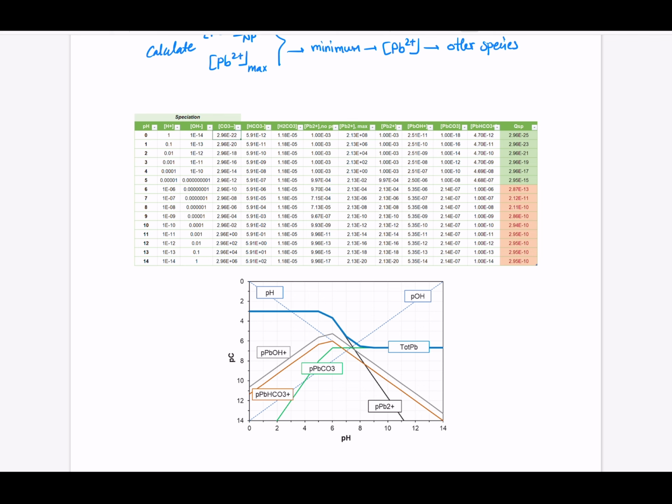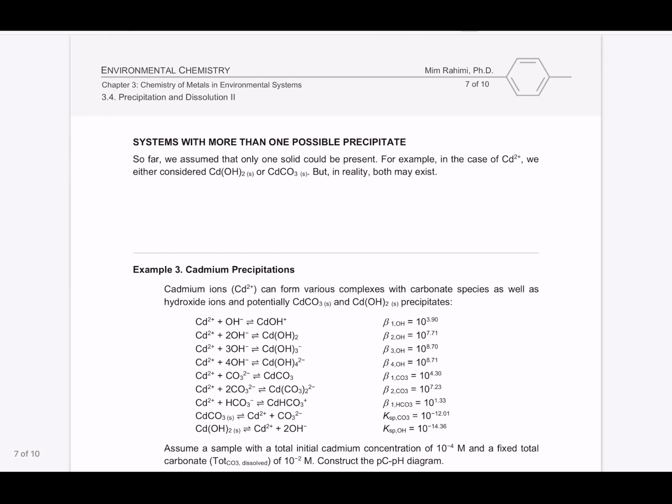Okay, so these 2 examples, we made it a little bit more comprehensive for the second one, but still, we're dealing with only one precipitation. But in reality, we might have more than one precipitate. So we might have, let's say, silver carbonate and silver hydroxide.